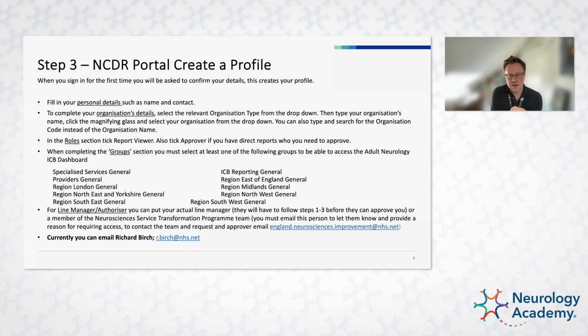The easy thing to do there is to email the Service Transformation Programme team on that generic email there, or at the moment specifically Richard Birch, and his email again is there, and tell them that you've requested access. They'll be able to go in and grant that very, very quickly as soon as you do that. But if you just put your own local line manager, things will sometimes just stop at that stage, and you'll wonder why you haven't got access to the dashboard.